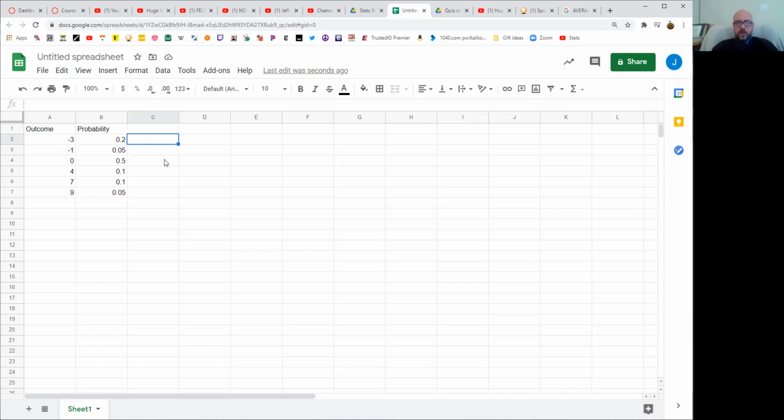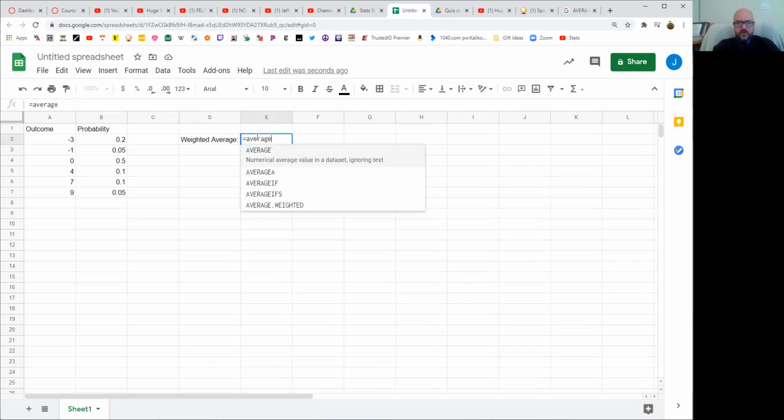So the way you can calculate the weighted average, there's a command for it in Sheets called average.weighted, I think. Let's see. Oops, I forgot the equal sign. Equals average.weighted, this is the one we want.